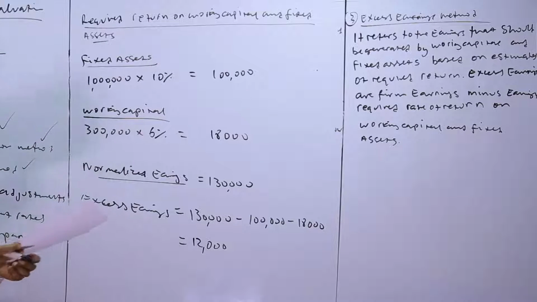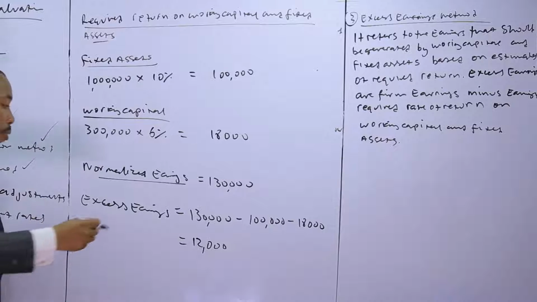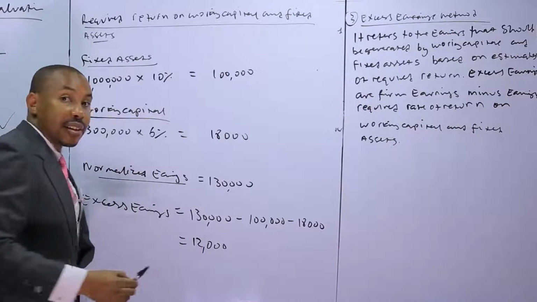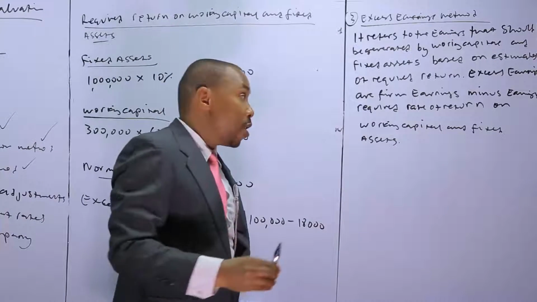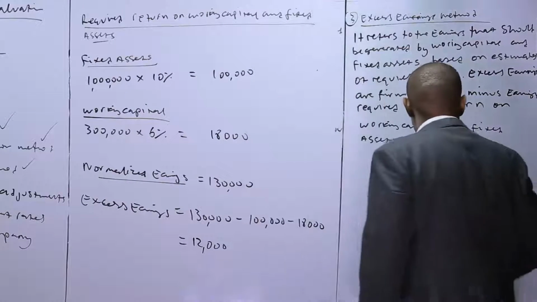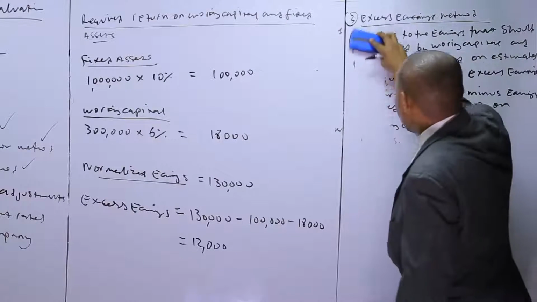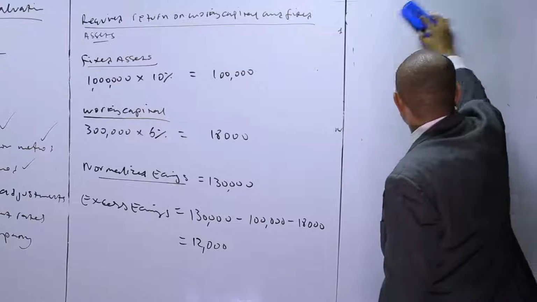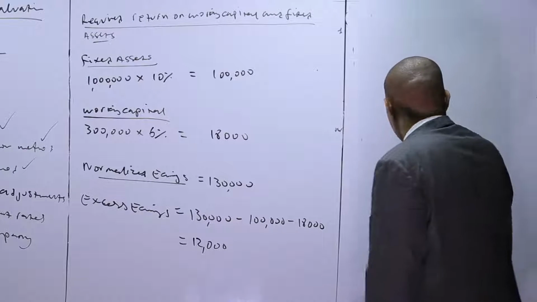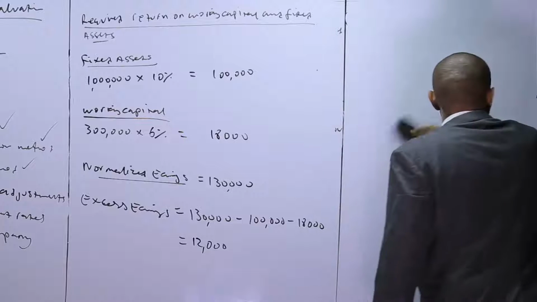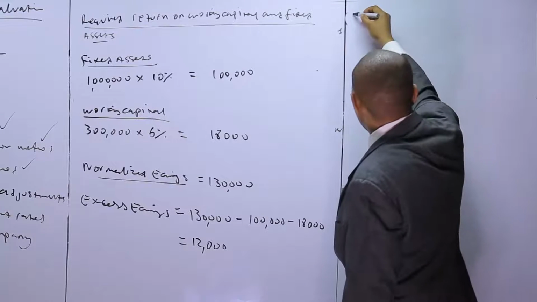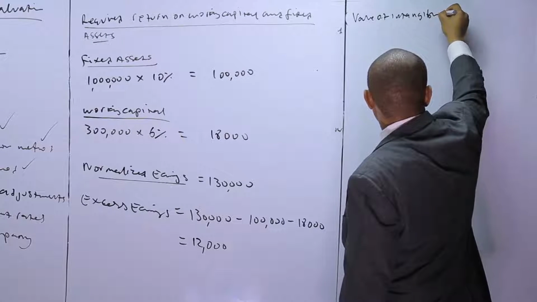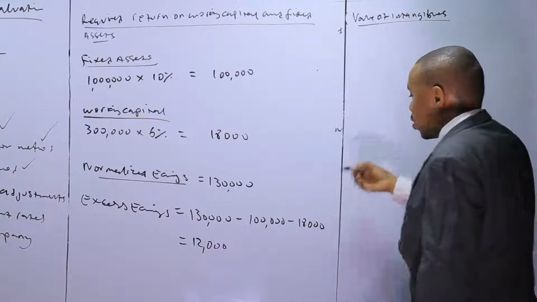From there, what happens? We now need to discount the excess earnings so that we can get the value of intangibles. We will apply a discount rate based on the intangible assets as provided in the question right there. So let's do that. So now the value of intangibles, we discount the 12,000.